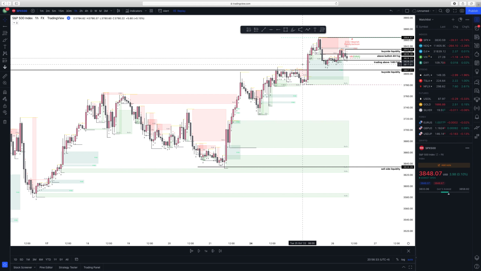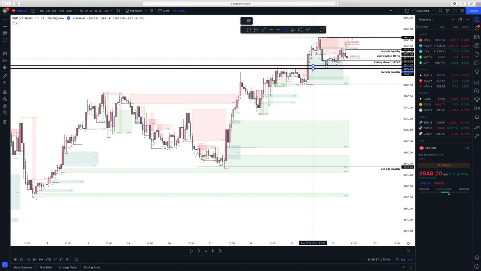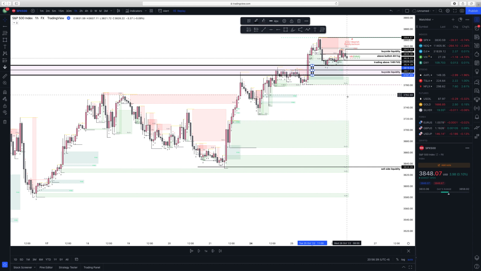There is a displacement below, which is here on a 1-hour chart, that eventually needs to get filled. But in the meantime, as long as it was trading above 38.24 for the 1-hour time frame of bullish fair value gap, I knew that it was going to go towards buy side liquidity.